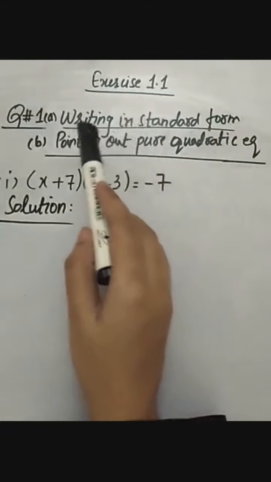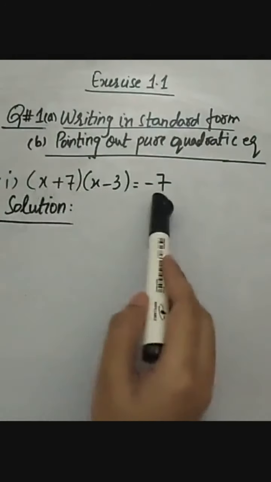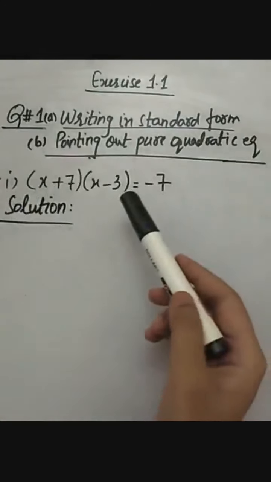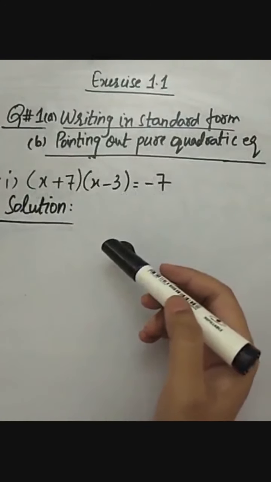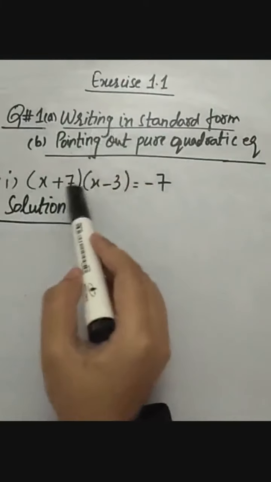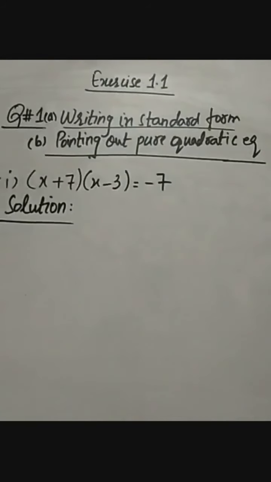The first is that we have to write the equation into standard form. What is the standard form? Ax square plus bx plus c is equal to 0 is the standard form. So first step is to write this in standard form and then point out either it is pure quadratic equation or not. So two steps we have to do here.